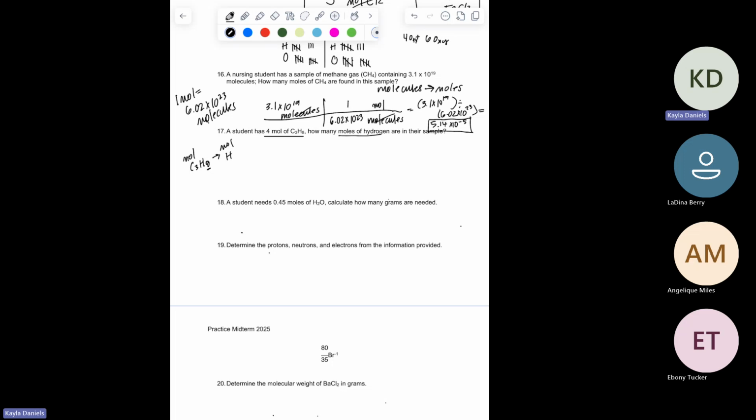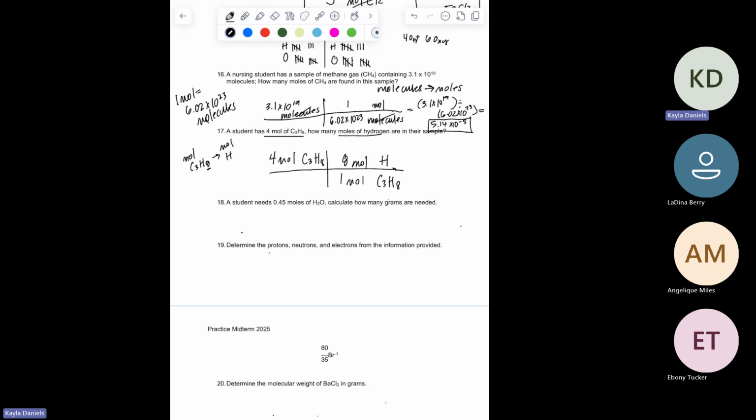Like most other problems, I'm going to start with my T-chart. I have 4 moles of C3H8. For every 1 mole of the entire molecule, you have 8 moles of hydrogen.